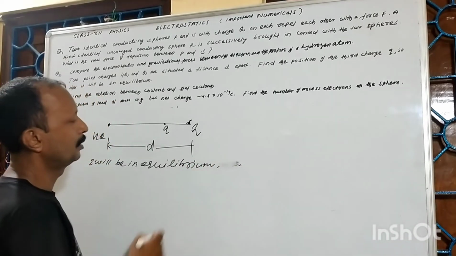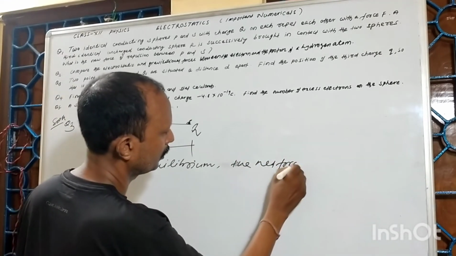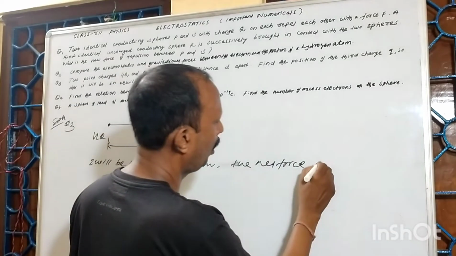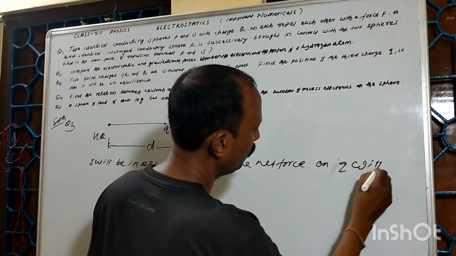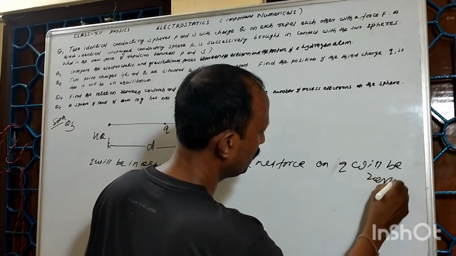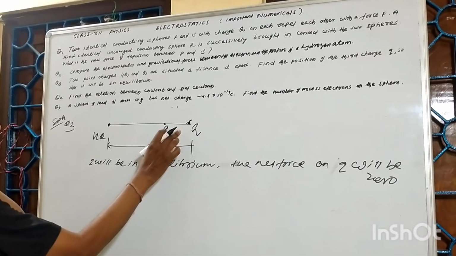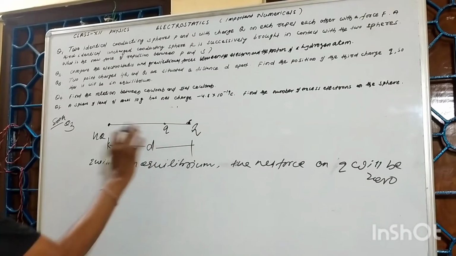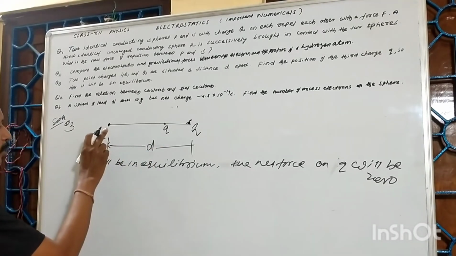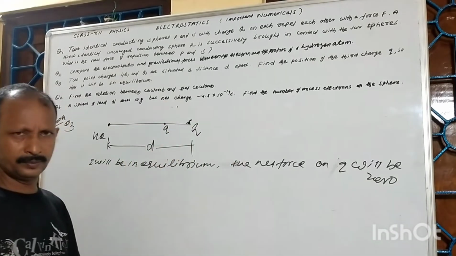It means the net force on charge q will be 0. Now you see that both are positive charges. Now the other charge we have taken should be between them, whether it may be here or here.